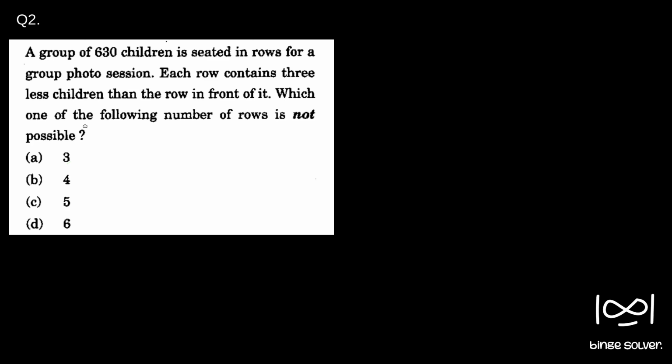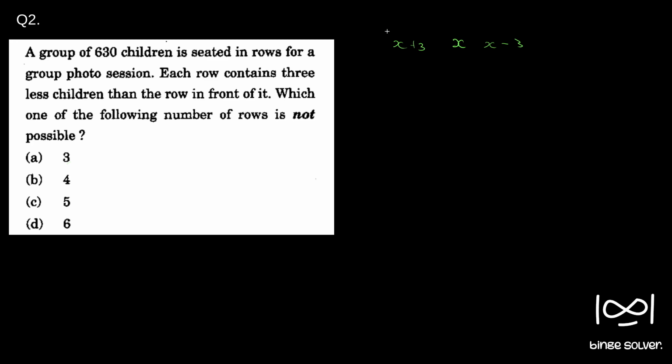In questions like this, if the number of rows is odd, it's easy if you arrange it like this. Let the middle row be x, then the one to its right is x minus 3, and the one to its left is x plus 3.